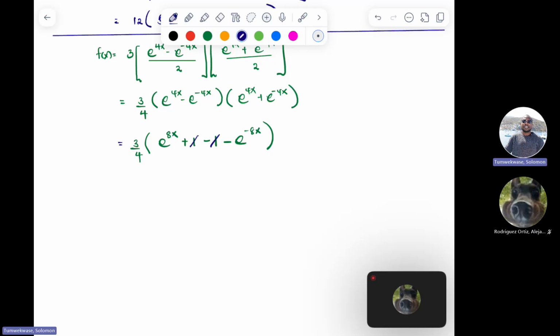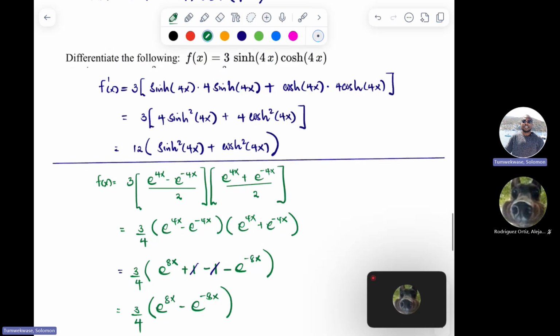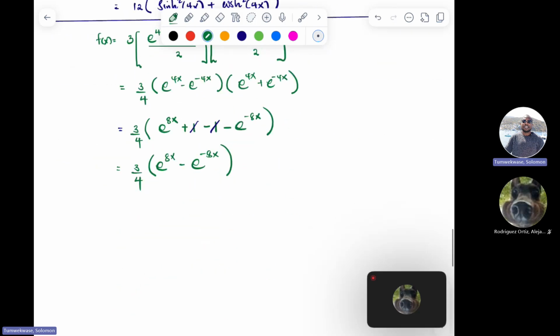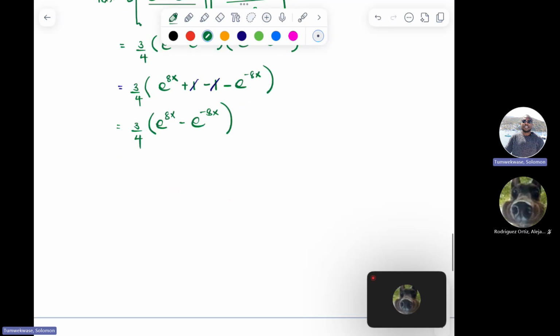So the 1 and 1 can cancel to give us a 0, and therefore this is 3 over 4 times e to the 8x minus e to the negative 8x. And you see how if I open up brackets, I remain with something a little easier.